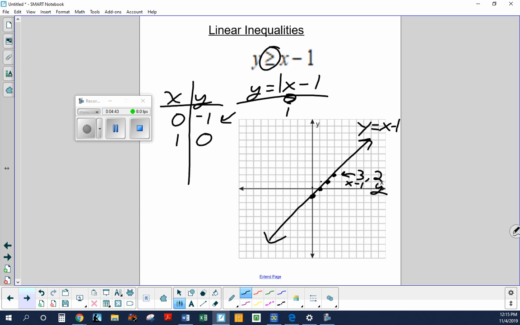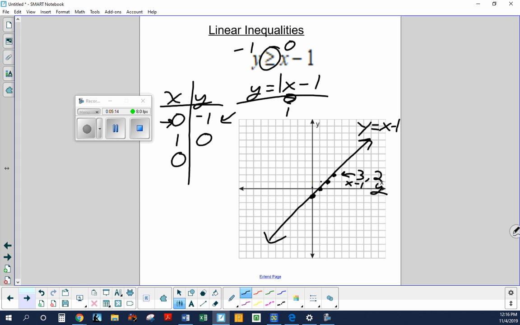But we have this symbol, and it says y is greater than or equal to x minus 1. So what does that mean? If we go back to our t-table where x was 0, we said that in order for them to be equal, y would have to be exactly -1, and that does work. But this inequality doesn't say that y has to be equal to x minus 1.